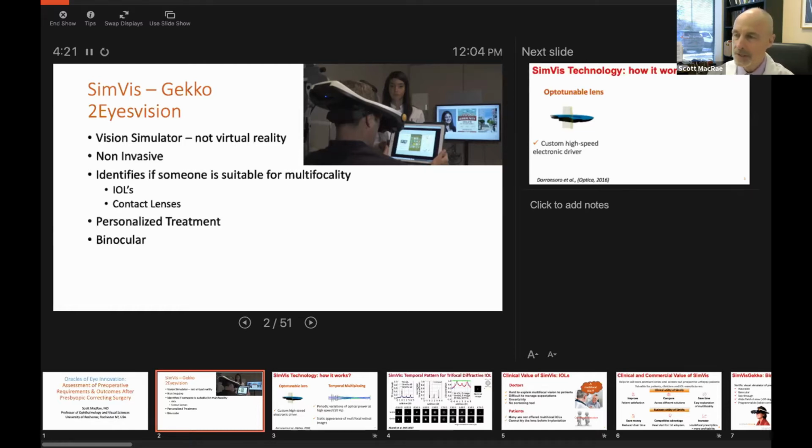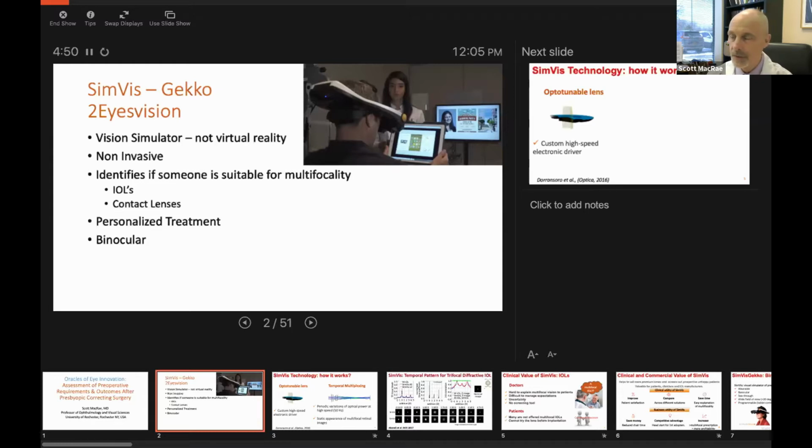The beauty of this is it's non-invasive and allows pre-IOL patients to actually simulate multifocality. In addition, it identifies if someone is a suitable candidate for a multifocal.